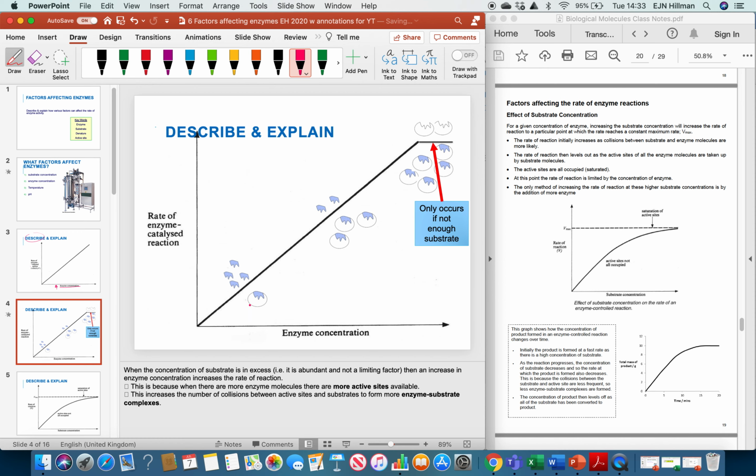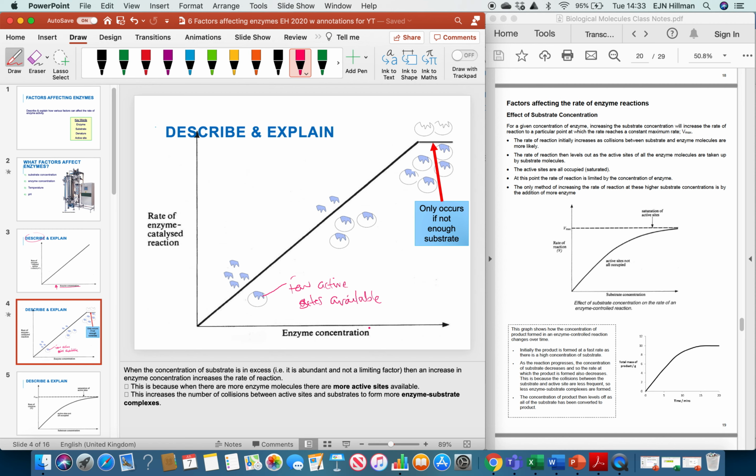At a low concentration of enzymes, there will be few active sites available. So the limited number of active sites available will limit the rate at which this enzyme catalysed reaction can take place.